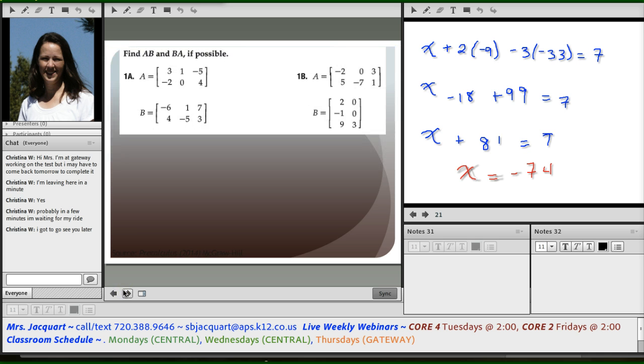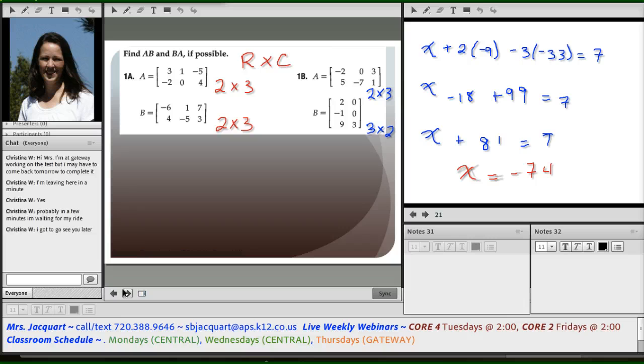Let's identify whether we can multiply matrices, and then we'll do one of them. For matrices, you always do row by column. The order of this matrix is a 2 by 3, this one is a 2 by 3, and this one's a 3 by 2.